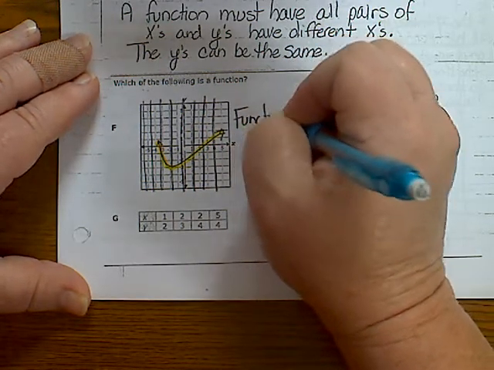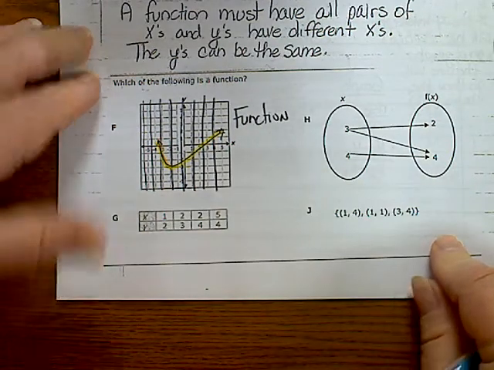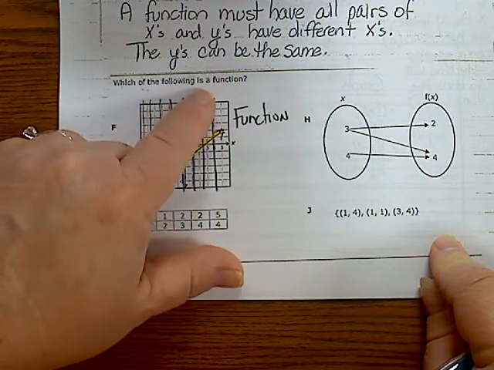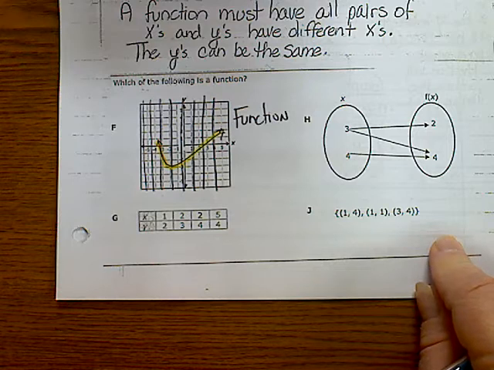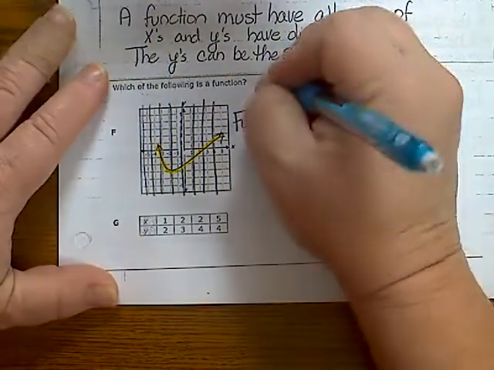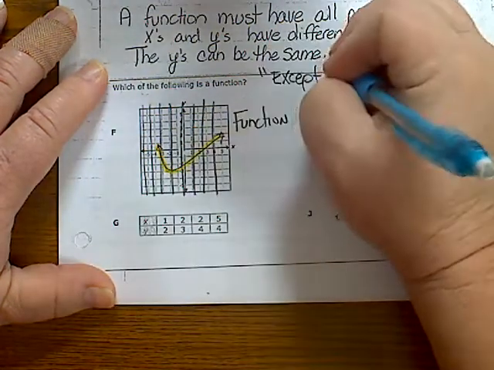And my suggestion is that you go to each single one and check them. Because sometimes it says all of the following represent a function except. Do you guys know, what does the word except mean?